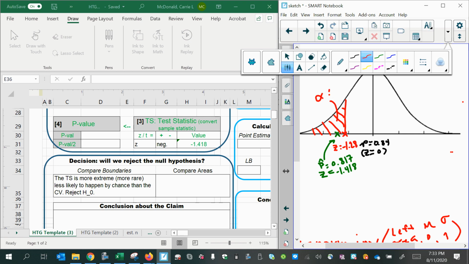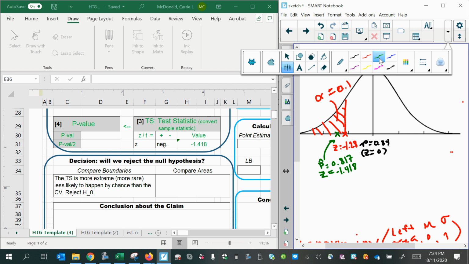Here that was 0.10. And it's also called my rejection region. Notice that my test statistic falls into that red region. So we could say the test statistic falls into the rejection region, therefore we reject the null hypothesis.